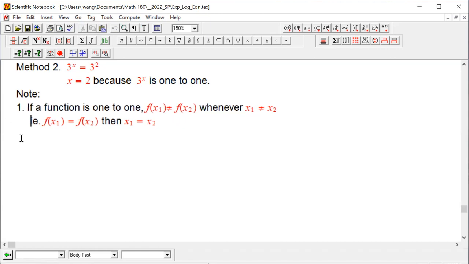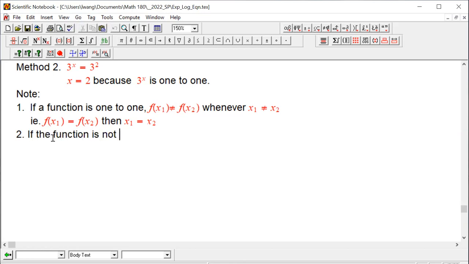Number two, if the function is not 1-to-1, then we cannot do the following.